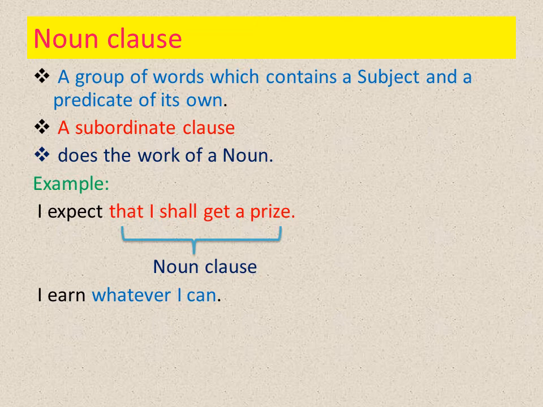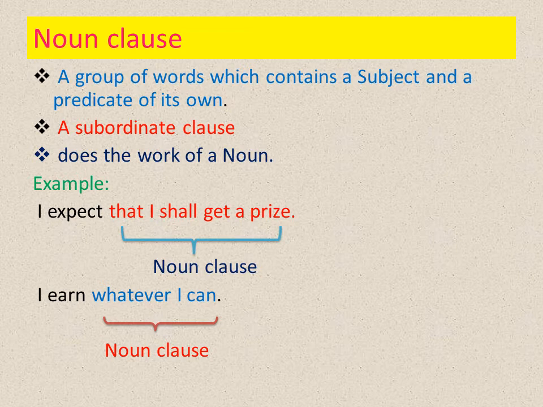"Whatever I can" is a subordinate clause. Here, this subordinate clause is the object of the verb earn. So, it is a noun clause. Here also, the subordinate clause does the work of a noun in a sentence.